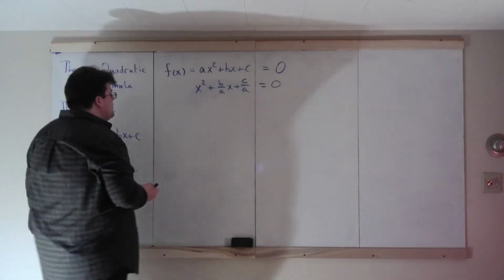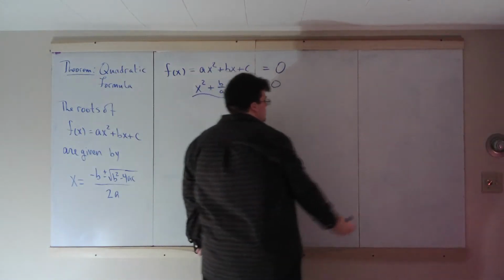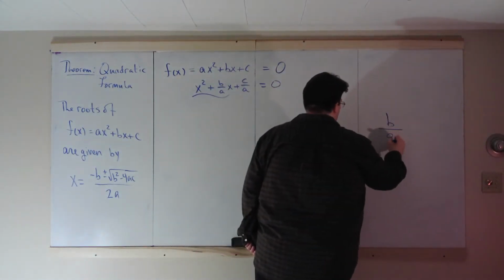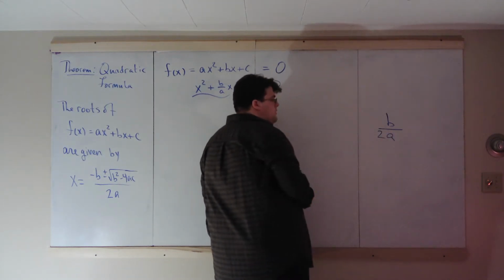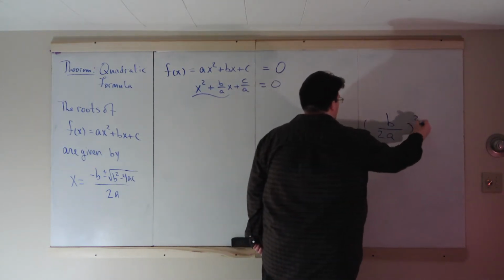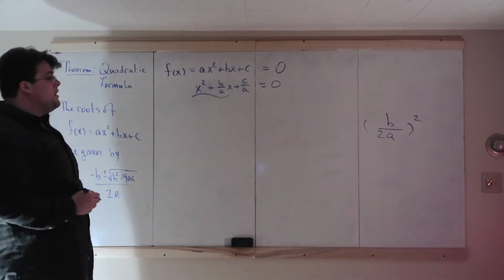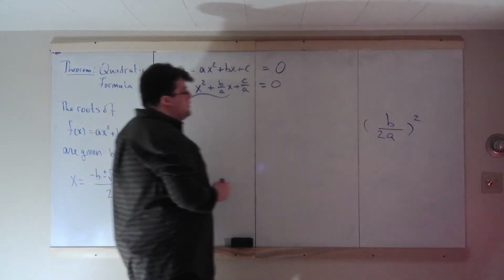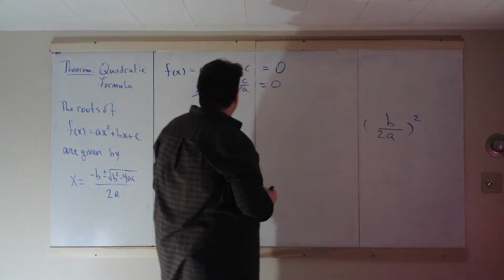Well, we follow the completing the square process on this. We take b over a, the coefficient, divide it by 2, which gives us b over 2a, and then we square it. And we're going to add and subtract that.